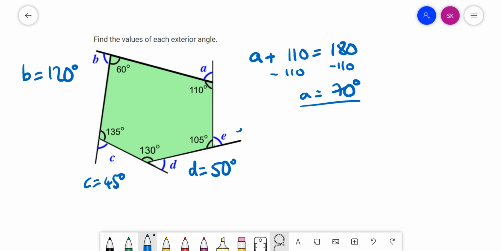And E is going to be 180 minus 105, which is 75 degrees. So hopefully that wasn't too difficult. It's just using the fact that interior plus exterior add up to 180. Make sure you've marked everything you did just then. Pause the video if you need to. Press play when you're ready to keep going.